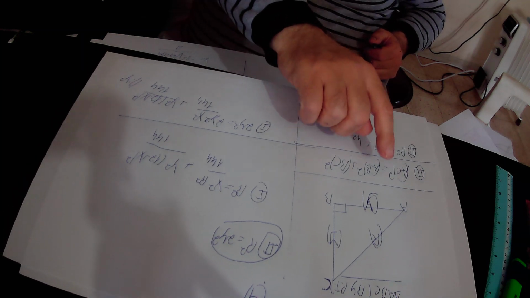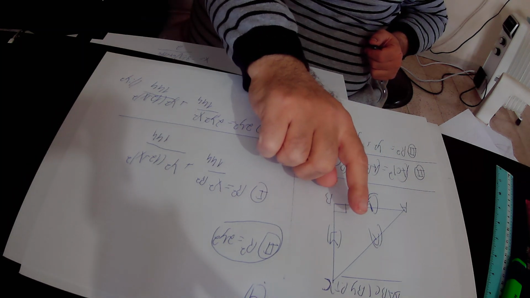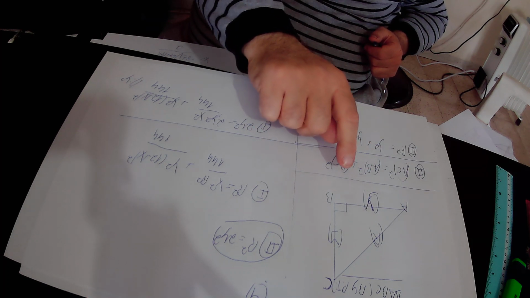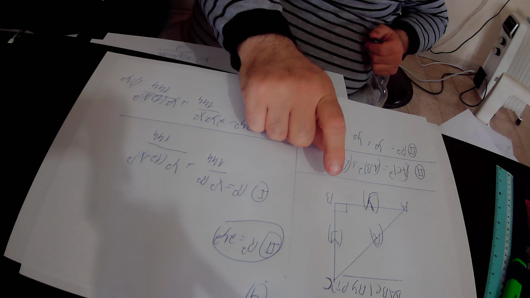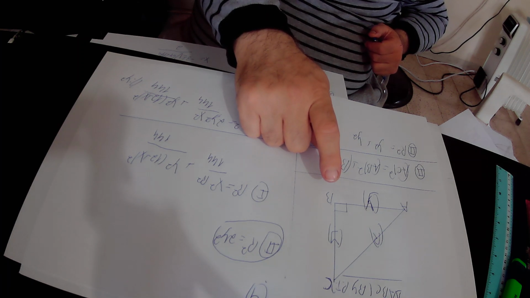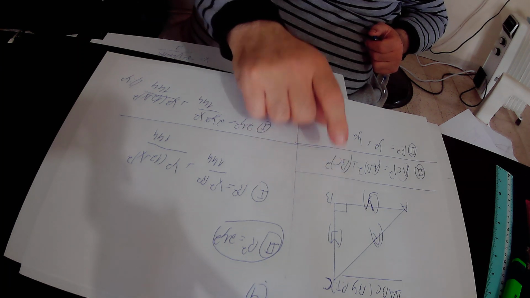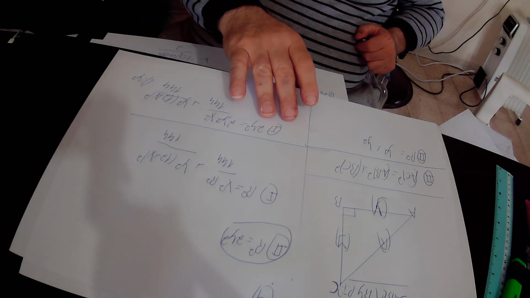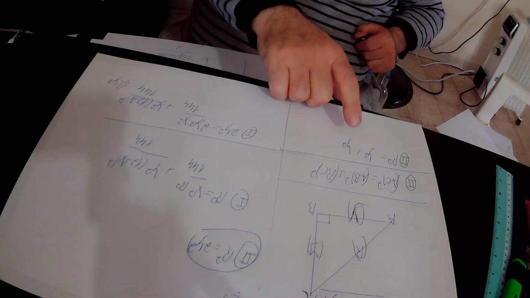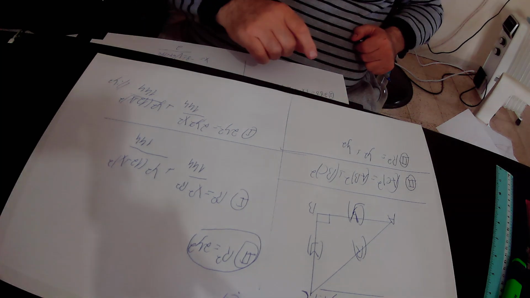We already found out that AC is the radius of the circle, that is R. AB is one side of square ABCD, that is Y according to the definition. BC is also one side of square ABCD, that is Y. So in this right triangle ABC, according to the Pythagoras theorem, AC square equals AB square plus BC square.